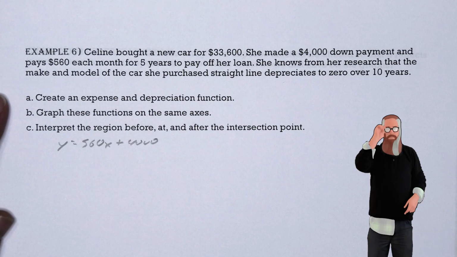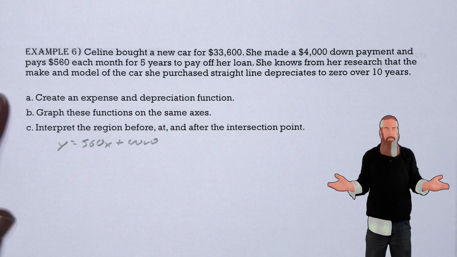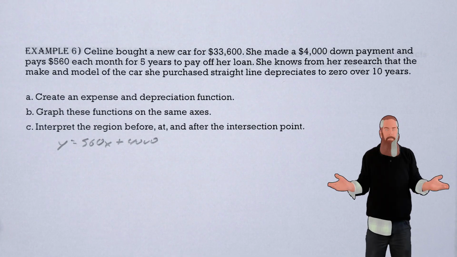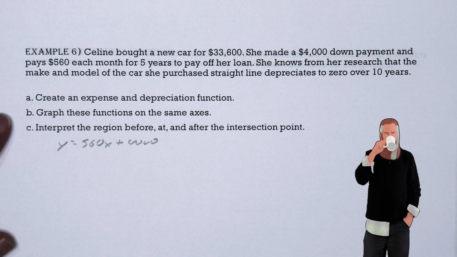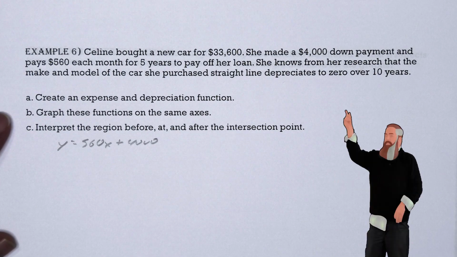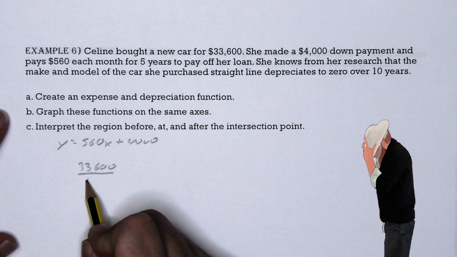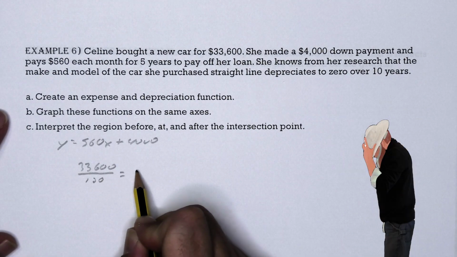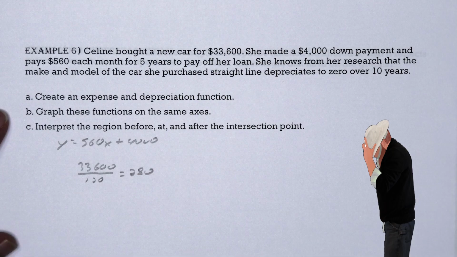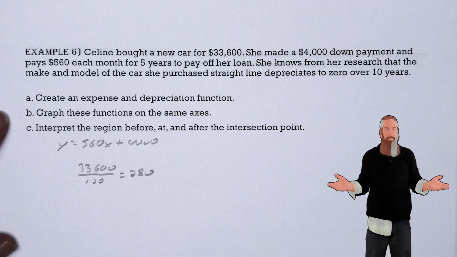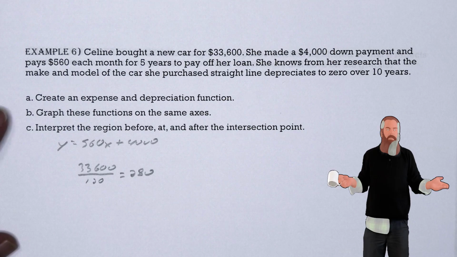Celine's car totally depreciates after 10 years, or 120 months. To determine her monthly depreciation amount, divide the original car value by 120. So 33,600 divided by 120 gives us 280. So Celine's car depreciates $280 per month.